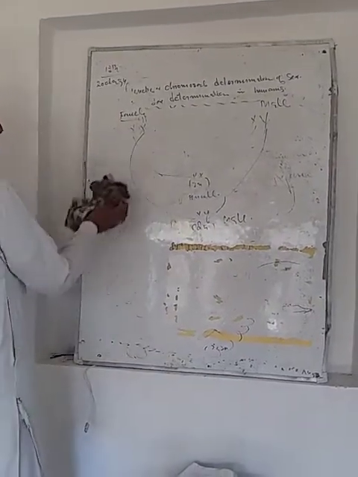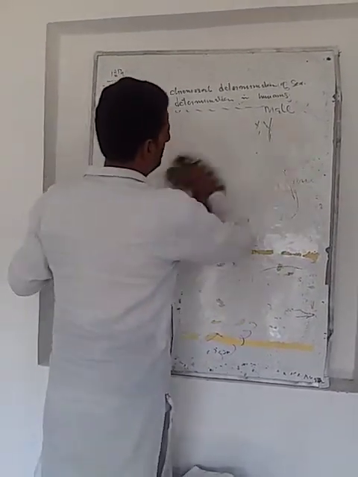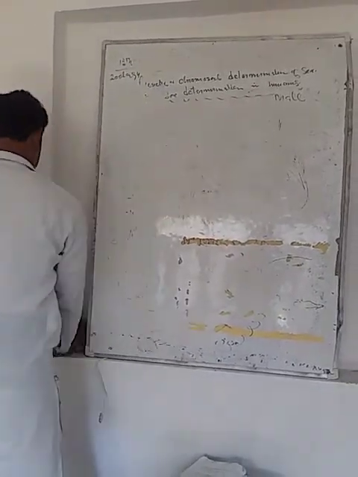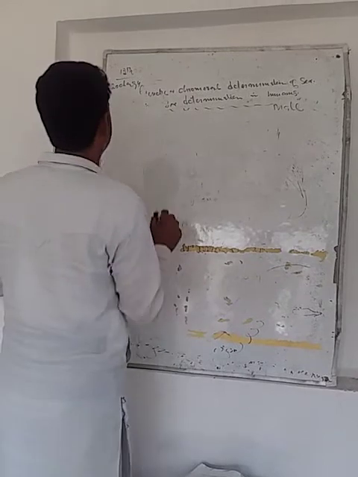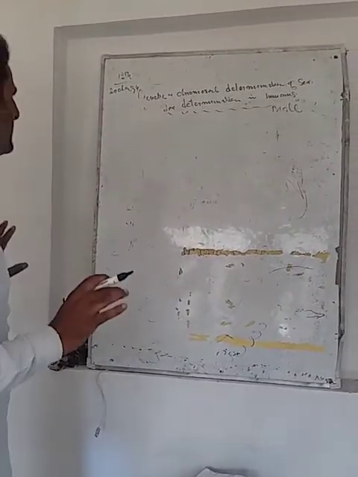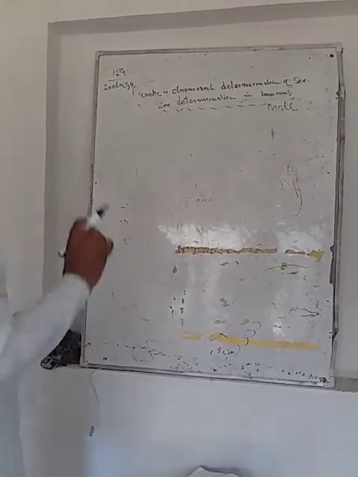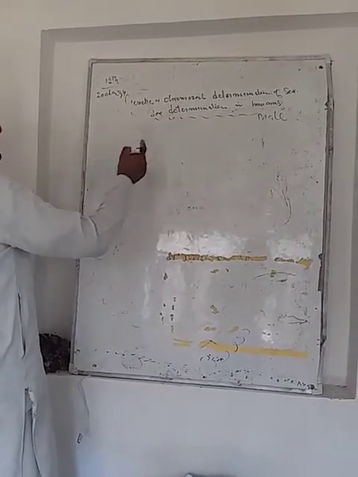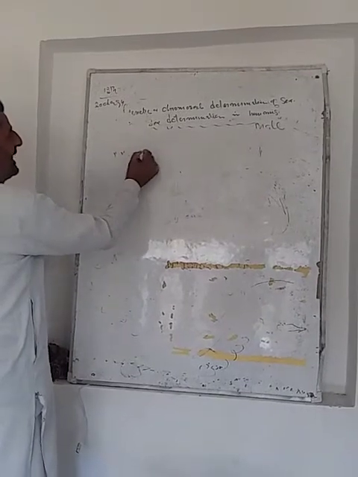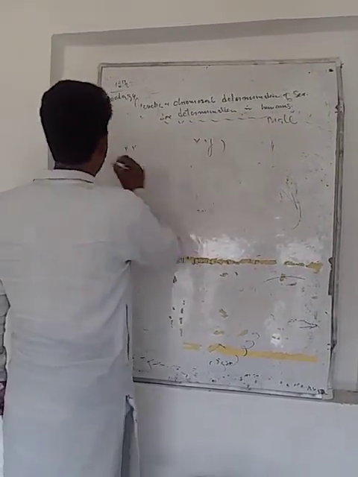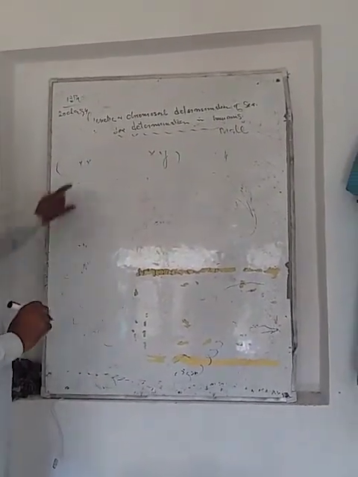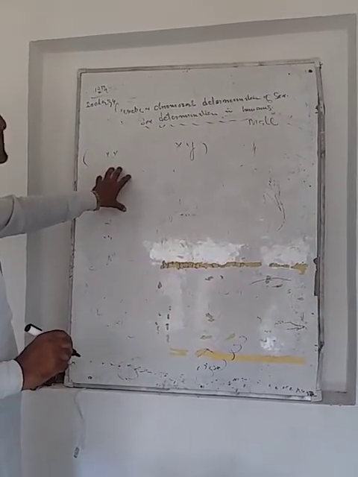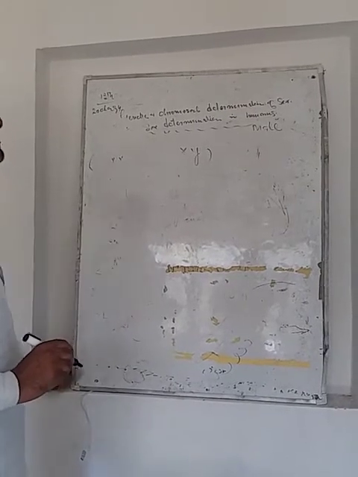I would like to repeat. Students, this is the genetic or chromosomal determination of sex in humans. Humans have two types of sex chromosomes, X and Y. The female contains X and X chromosome, being homogametic, having the same chromosomes.